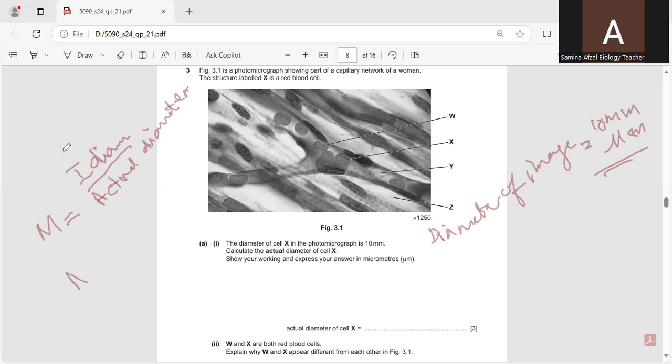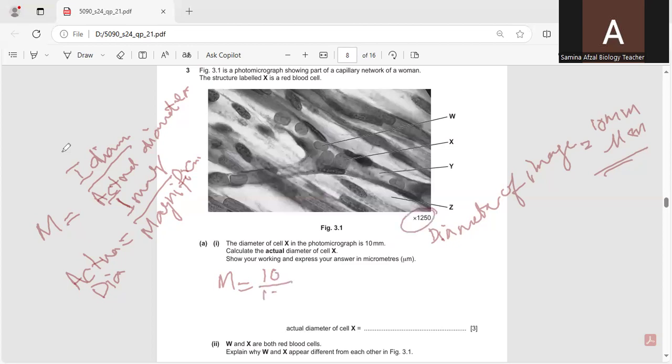So actual diameter is equal to image diameter over magnification. For this purpose, the values are 10 and the magnification is 1250.